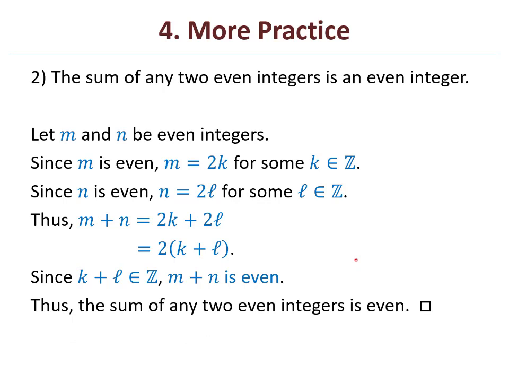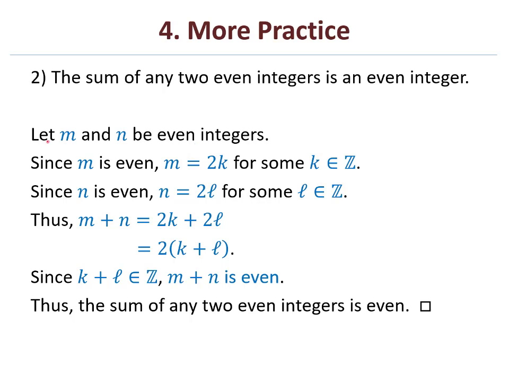A couple more points on style. As I said before, we're thinking about these things as sentences. Notice that the equals sign acts as a verb in the sentence. Read this: since m is even, m equals 2k for some k in my set of integers. So treat your equals sign as a verb when you're writing.